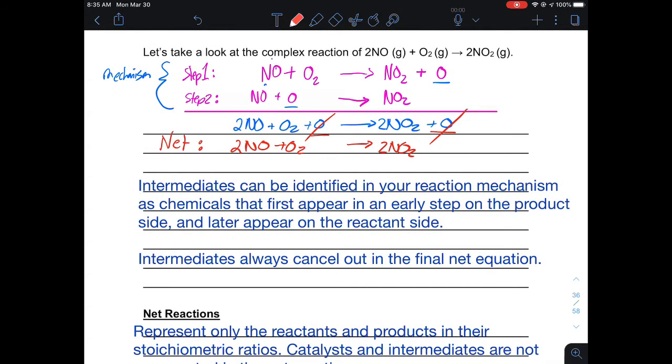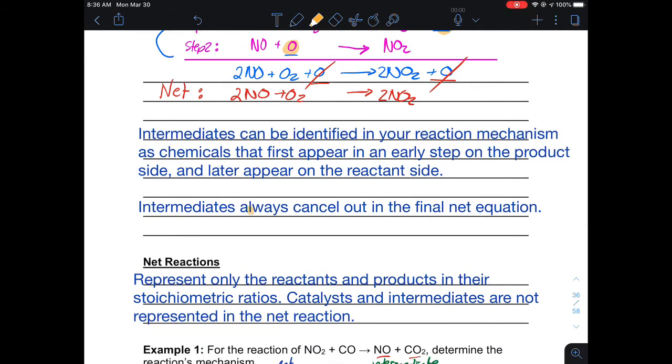So this would look like something like this, where we have step 1, a chemical reaction of the nitrogen monoxide and the oxygen. They produce this single oxygen. The single oxygen gets used up right away, so that makes oxygen an intermediate. It first appears on the product side, secondly appears on the reactant side.